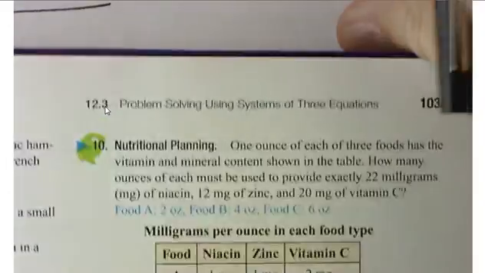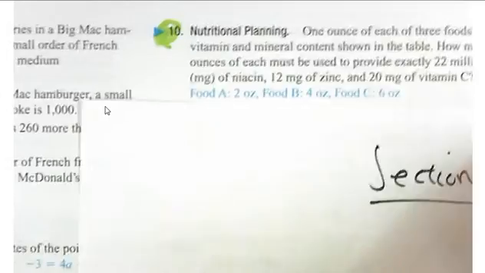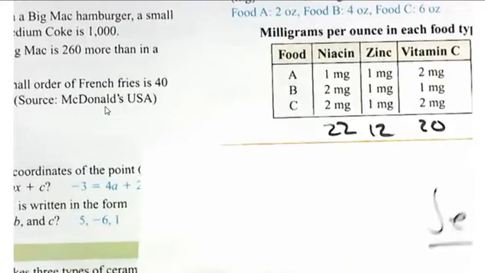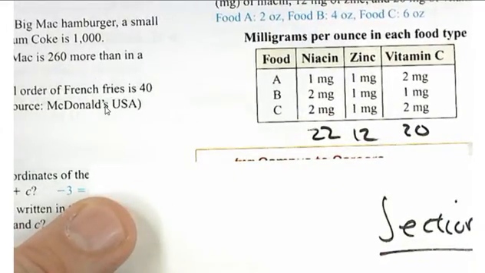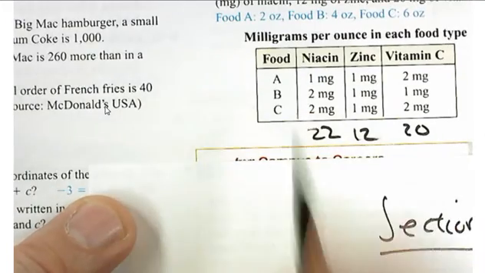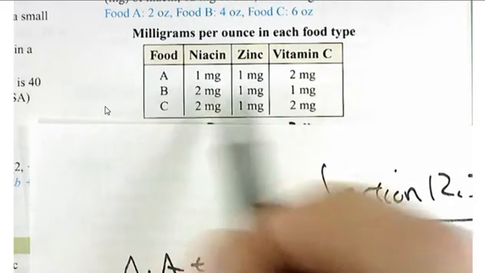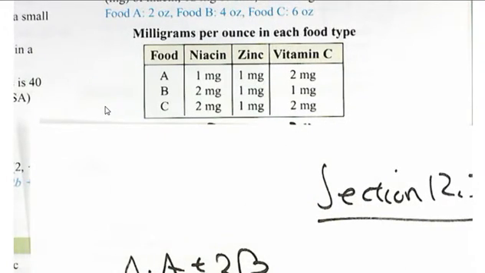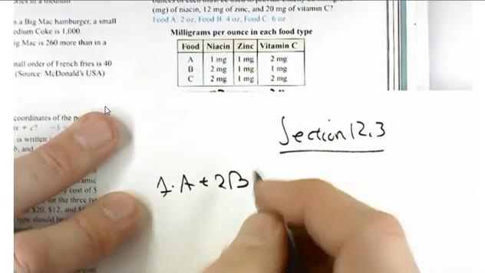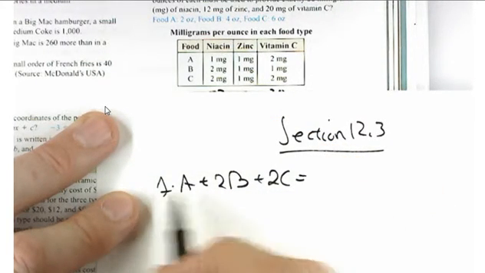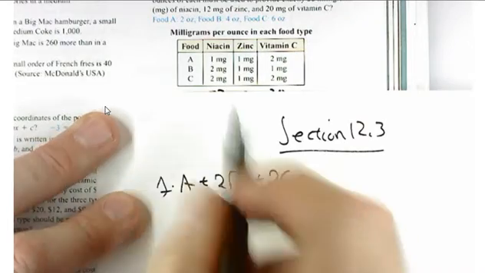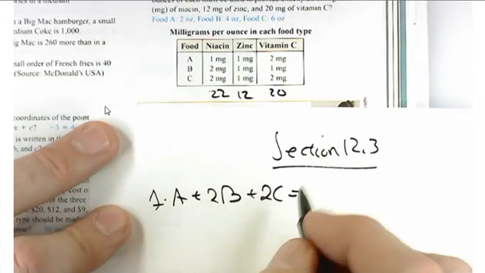Well, for our niacin, we get 1 milligram from A, so 1 times A, plus 2 times B, plus 2 times C, and the total of this, 1 times A plus 2 times B plus 2 times C, should be the 22 milligrams that we're looking for.